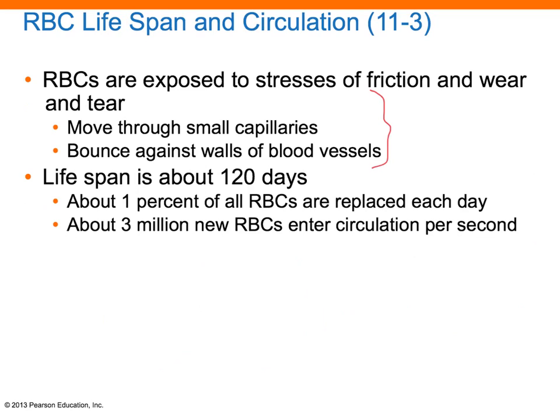And so the red blood cells are being forced and bounced and colliding with other vessels. And there are no repair mechanisms. So red blood cells only have a lifespan of about 120 days. And on any given day, about 1% of your red blood cells are being replaced. And new red blood cells come into circulation at about the same rate.